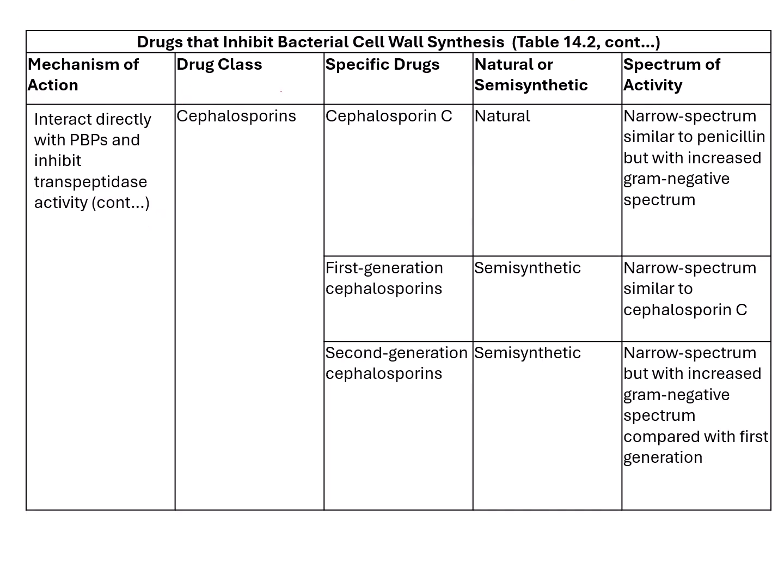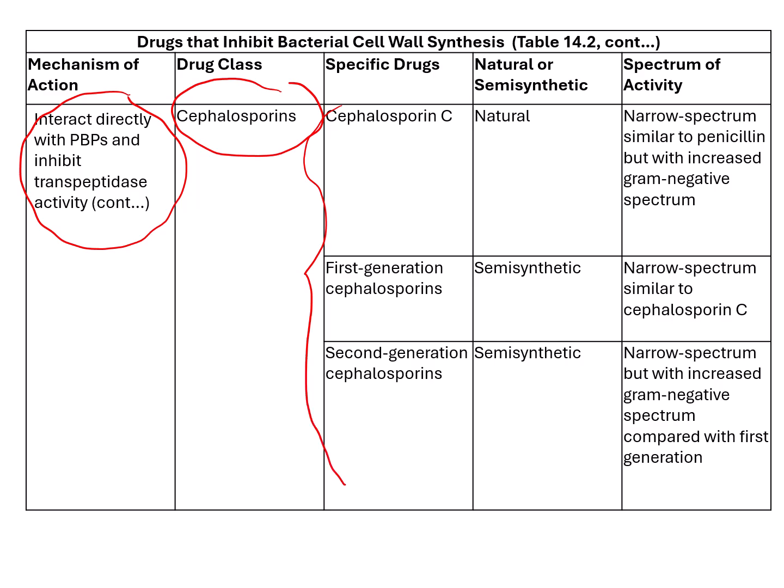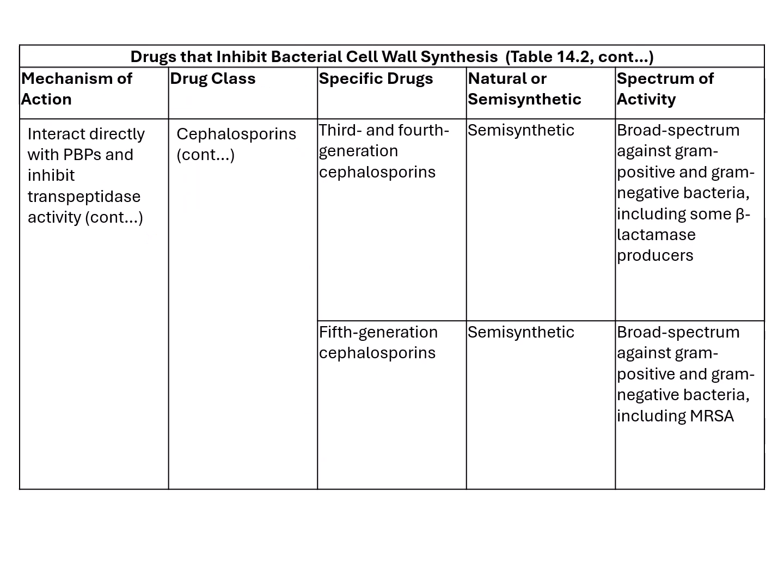We also have the cephalosporins. Remember, these are also inhibiting transpeptidase, and these had several generations, where with increasing generations, we have greater spectrum. So here is my third, fourth, and fifth generations, and you can see as you go down, there is a bigger or broader spectrum.